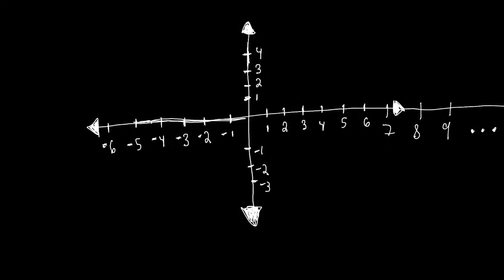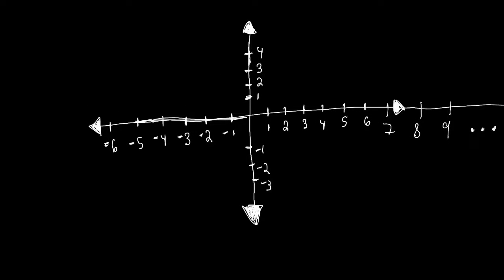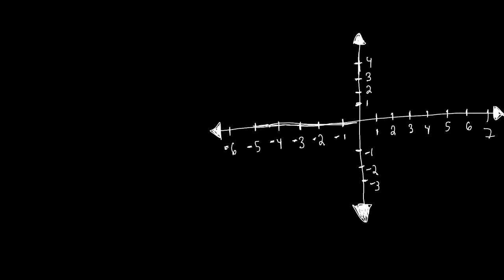The same can be said for the left hand side. So here we can extend this, and again as our numbers keep getting smaller and smaller as we keep moving to the left, you can see that here we can use this concept of negative infinity.